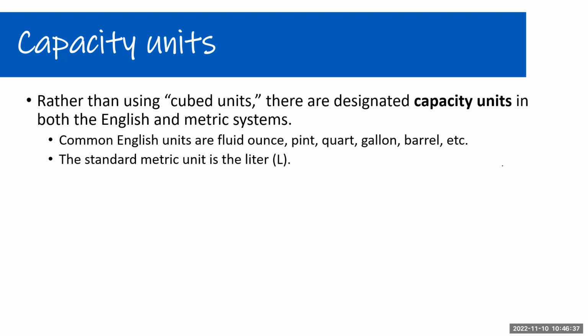So not mass ounce. Fluid ounce, pint, quart, gallon, barrel, etc. These are things that count how much of something you have, but we're not talking about a cube unit. In the metric system, the capacity standard is liter. From there you can go to milliliter, centiliter, kiloliter, etc.